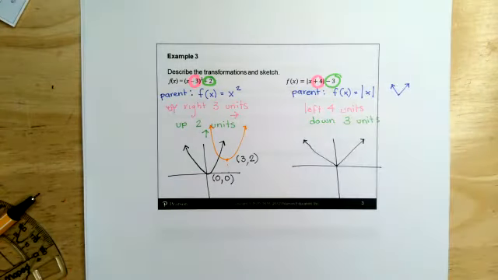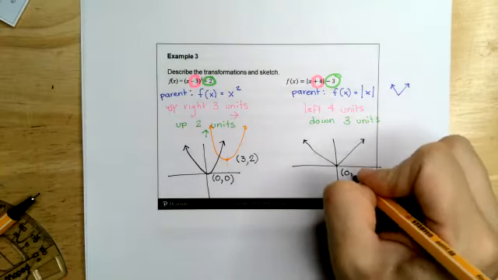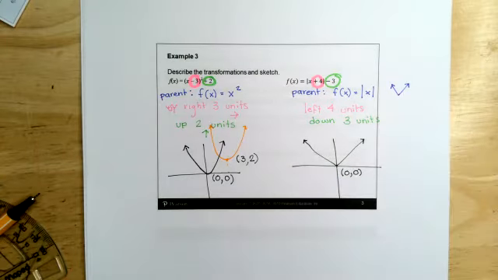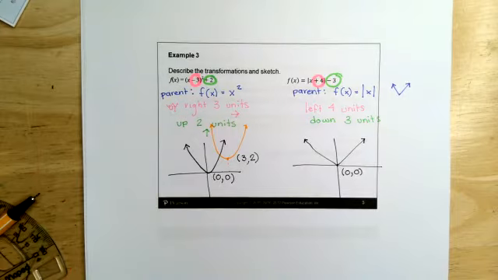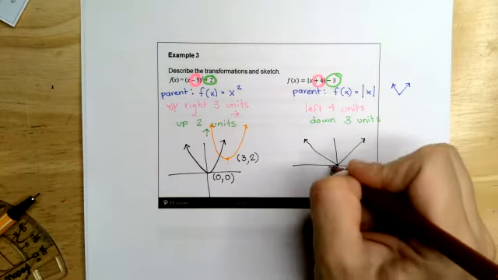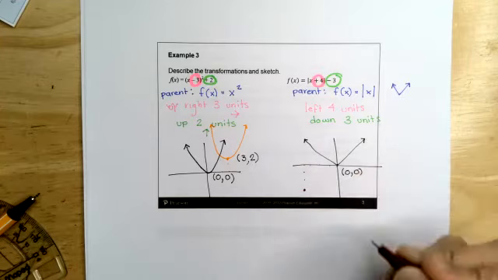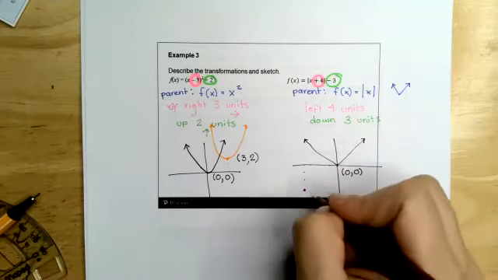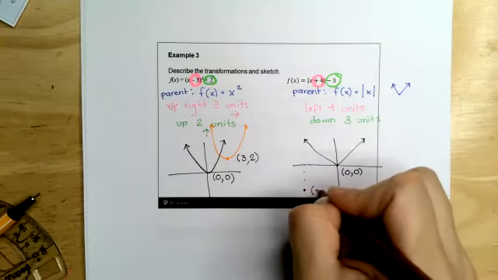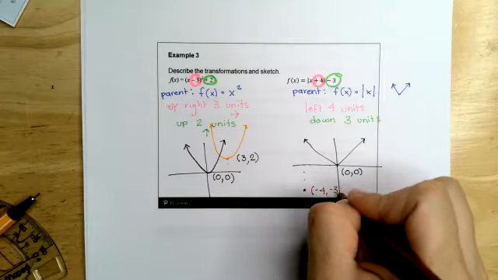So you got that. A good place to start is always 0, 0. Left 4 units, down 3 units. So it's going to be very negative. 1, 2, 3, 4, 1, 2, 3. And instead of 0, 0, I now have -4, -3.